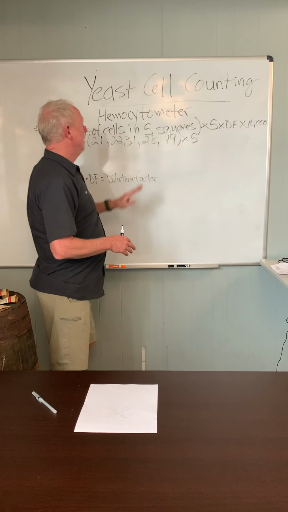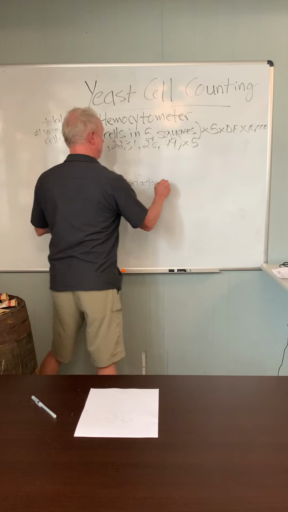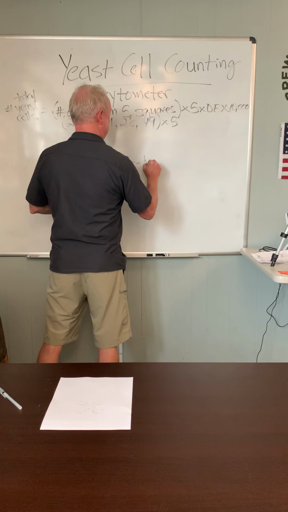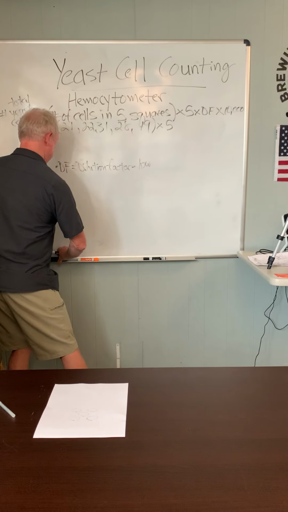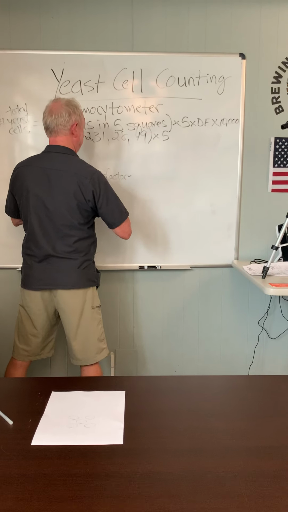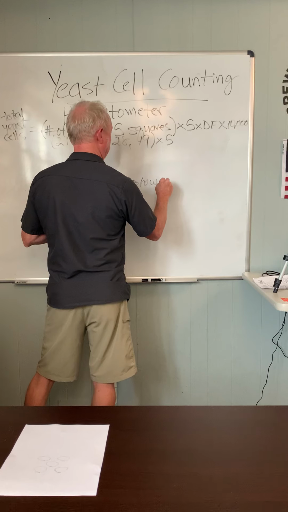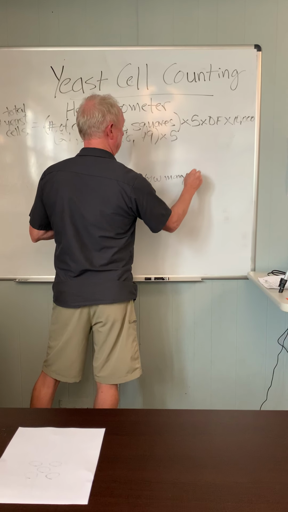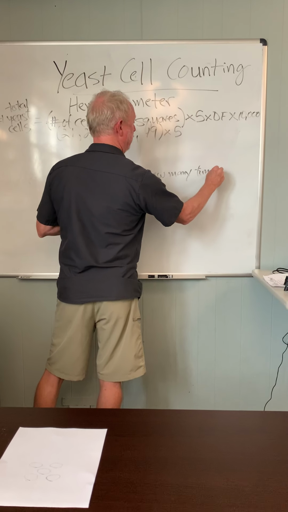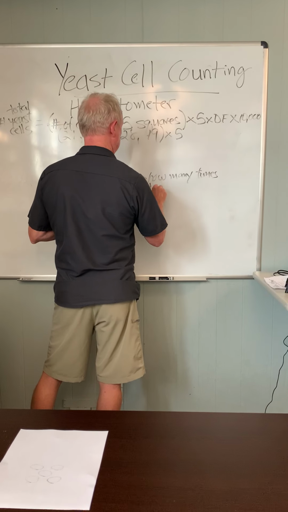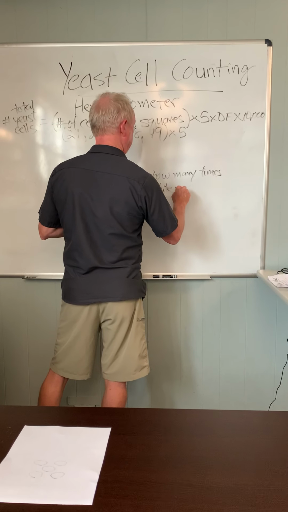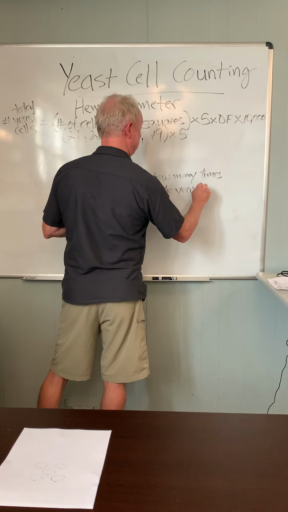That's a constant. Dilution factor is how many times, let me write that so you can read it. How many times, or how did we dilute the yeast cell sample that we have taken?